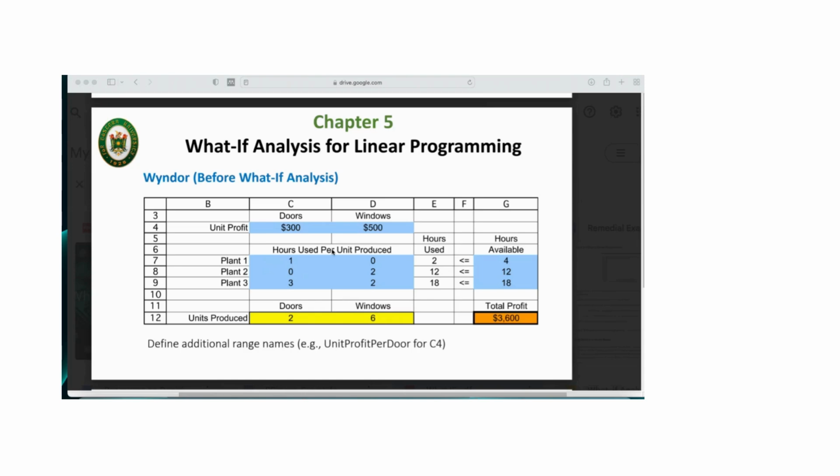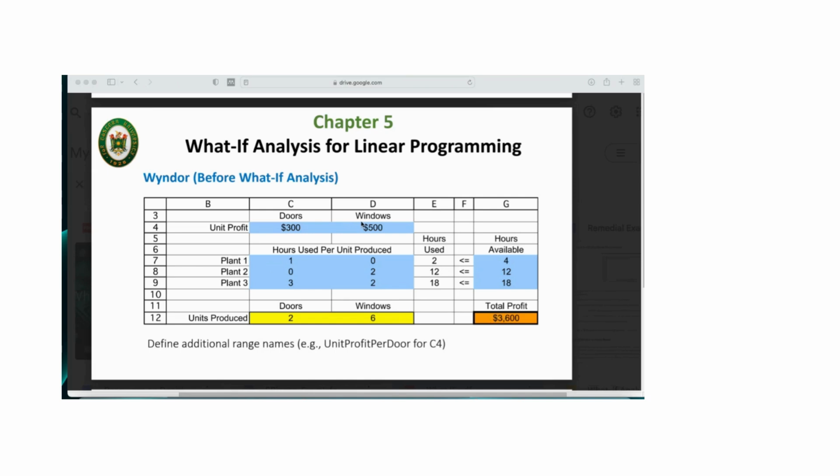Now the parameters are the $300 and the $500. These are the coefficients and they are constants. Therefore, the constants of the objective function here are actually the parameters being referred to.